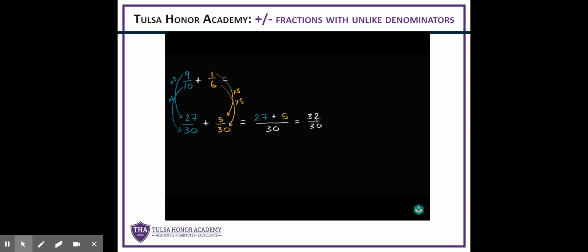And if we want, we could try to reduce this fraction. We have a common factor of 32 and 30. They're both divisible by 2. So if we divide the numerator and the denominator by 2, the numerator divided by 2 is 16, and the denominator divided by 2 is 15. So this is the same thing as 16/15ths. And if I wanted to write this as a mixed number, 15 goes into 16 one time with a remainder of 1. So this is the same thing as 1 and 1/15.